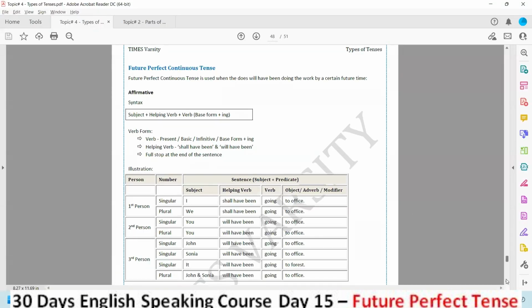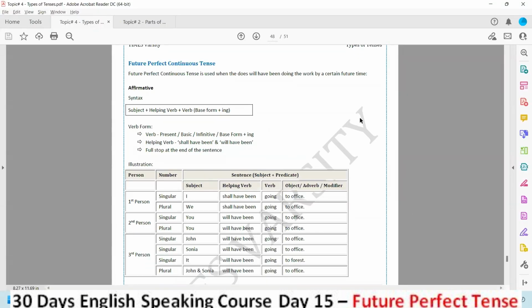So here, future perfect continuous. As we know, whether it is perfect continuous or only continuous, the ing form of the verb is used. And if it is future perfect continuous, then we can see here shall have, and here B-E-E-N helping verb is added.